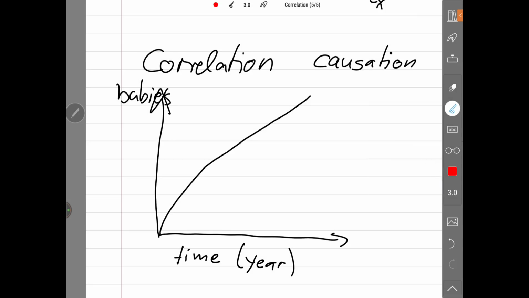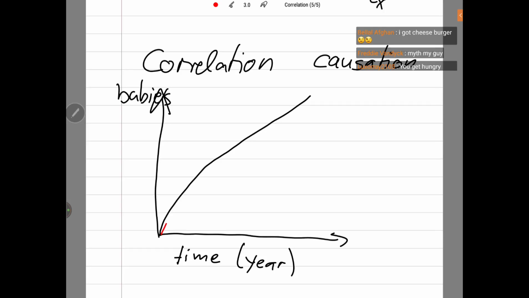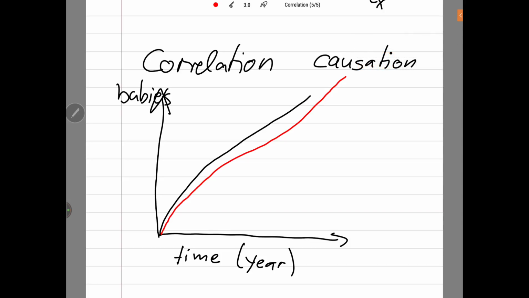And then some biologists came along and they said, oh, we made a very interesting observation. We measured how many breeding pairs of storks, the bird, are in the area. What they found was that. Can you anticipate what's coming?